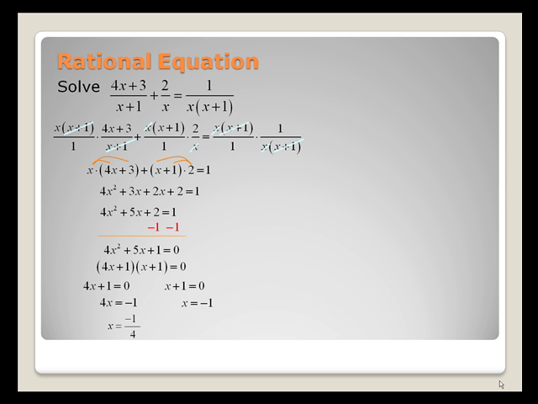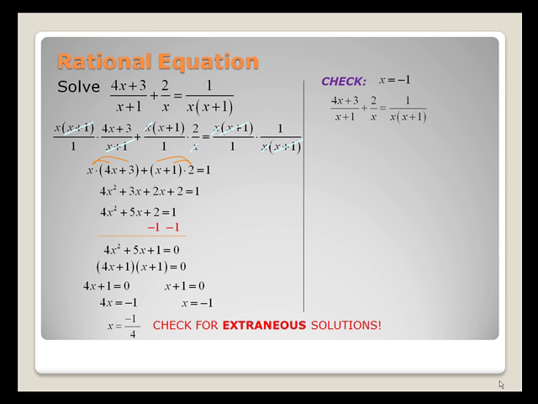Now I'm calling these possible solutions because they may or may not make my equation true. We need to check for extraneous solutions. Okay, so we're going to check going back to our original equation, and let's check the solution x = -1 first. In our original equation, everywhere that we see an x, we're going to put a negative 1 in its place. Now this is going to give me a problem here and here in the denominators of these two fractions.